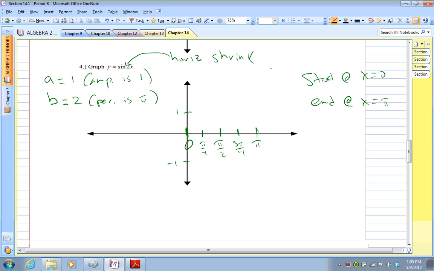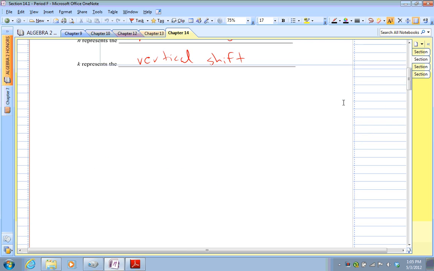So we'll go black. Again, you start at 0, 0, but then we progress to pi over 4, 1, then pi over 2, 0, 3 pi over 4, negative 1, and then pi, 0. So that's how that looks. And I'm not sure if there's anything else I want to say about that.